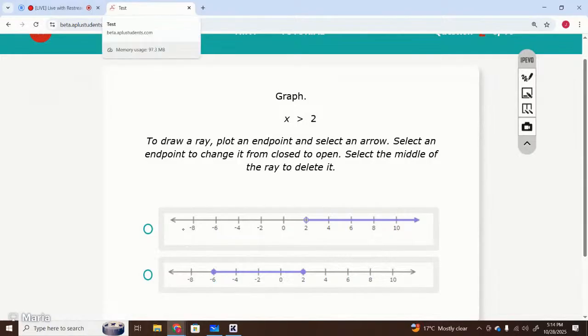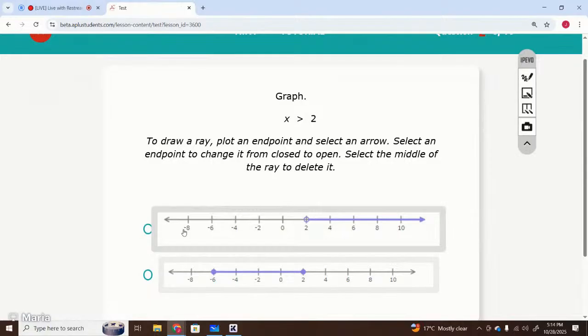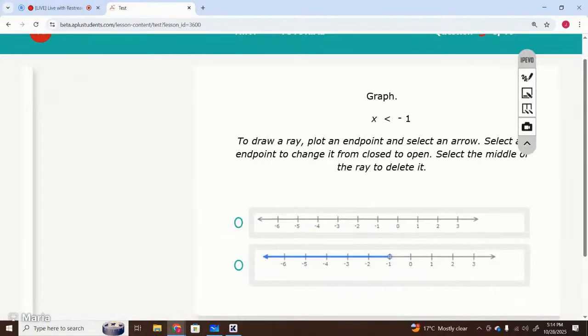So all the numbers that are greater than 2 are the solution, but 2 is not a solution, right? That's why you have an open circle at 2 and all the numbers that are greater. So the arrow is pointing to the right. So option number 1 is the correct option.